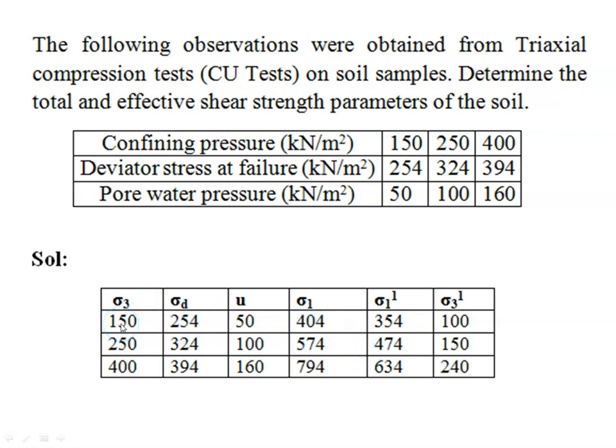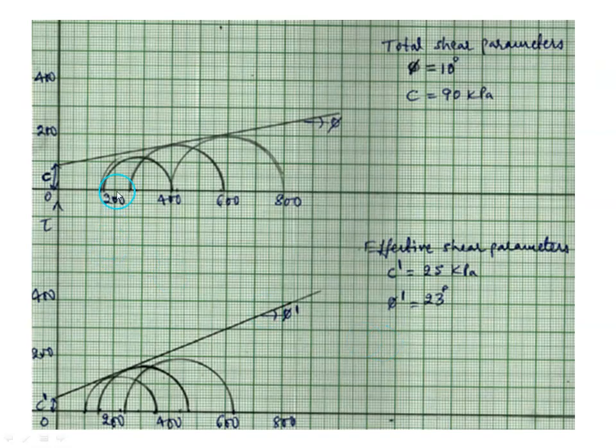For that we have to plot the values, take the center point, and draw the Mohr circle. Similarly, for the other two sets of sigma 1 and sigma 3, we have to plot the Mohr circles. Then we have to draw a common tangent, which will give you the total shear parameters C and phi.